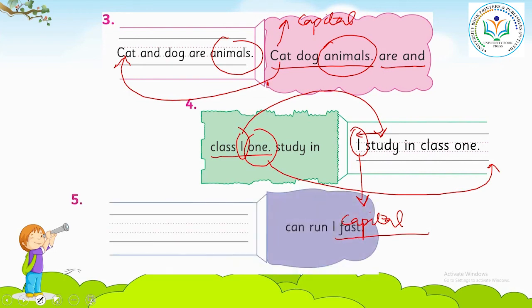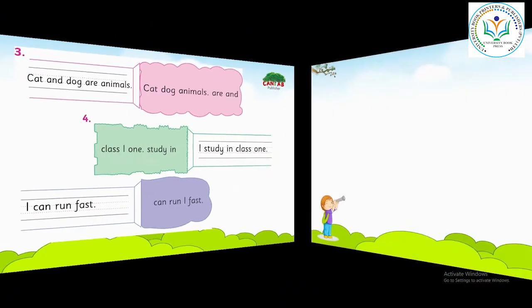The next sentence is can run I fast. Fast is at the last because there is a full stop and I is capital, so I will be in the leading, and the correct version is I can run fast.